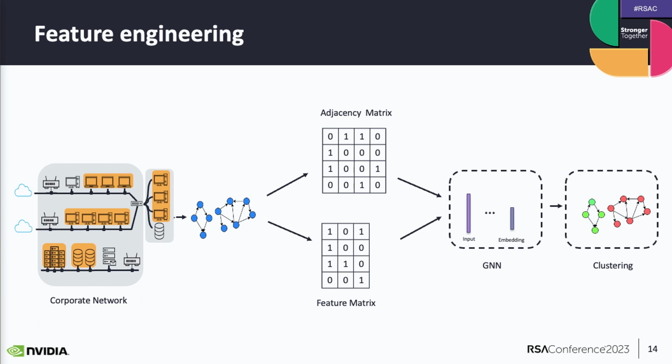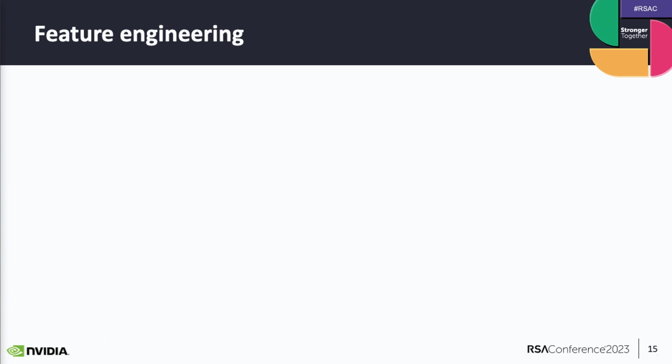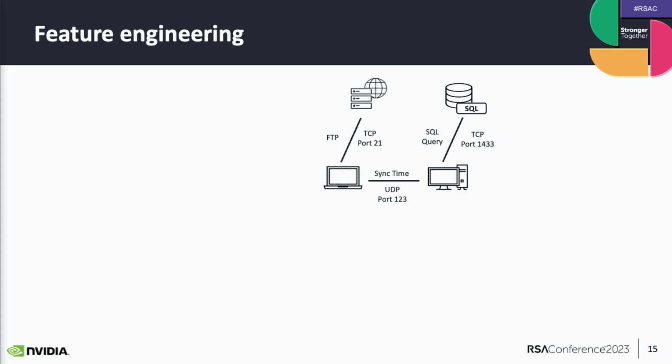The adjacency matrix tells the model which neighbors an asset interacts with, whereas the feature matrix informs the model about specific properties of an asset. We'll try to understand this better with the help of an example here.